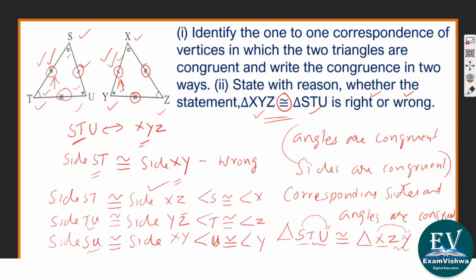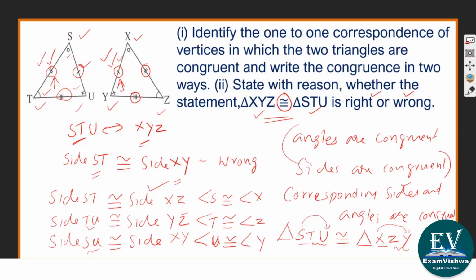Everything is perfectly matched. The correspondence, the matching of each vertex, each side and each angle, should be properly placed while writing the congruency. This is a primary thing that you should take care of while dealing with the congruency of triangles.